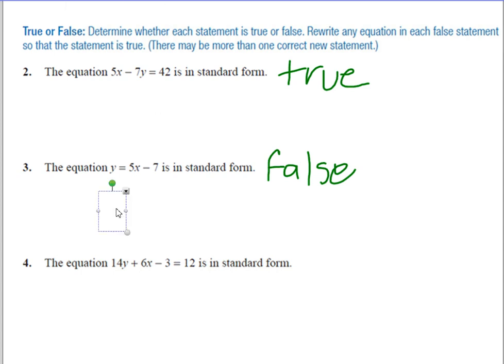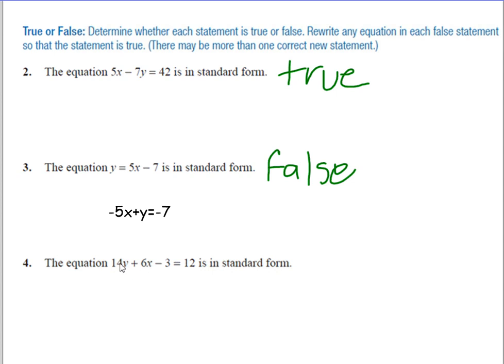In order to move it from the right to the left, we subtract 5x from both sides. Remember, the x term has to come first, so we'll have minus 5x plus y. And yes, there is that invisible 1 there, so our b value is 1, equals negative 7. So that's the equation in standard form.